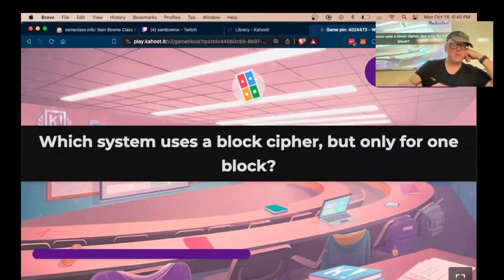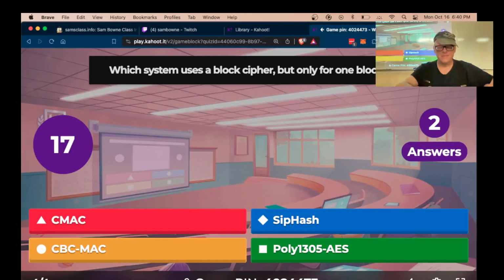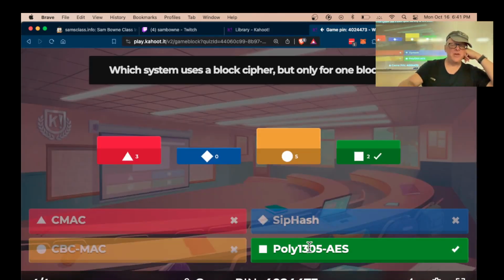All right, which one uses a block cipher, but only for one block? Poly1305-AES, it only does one block of AES calculation.